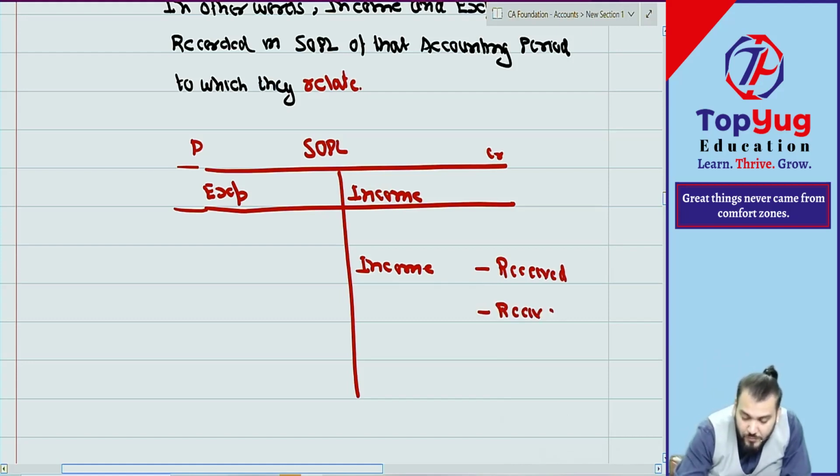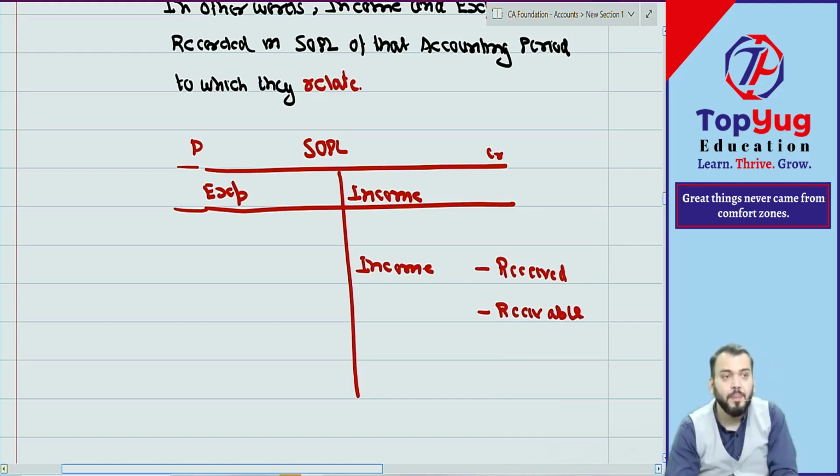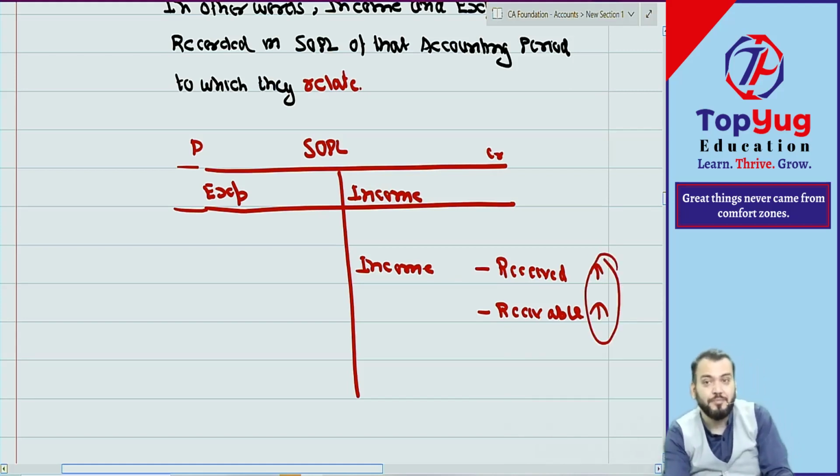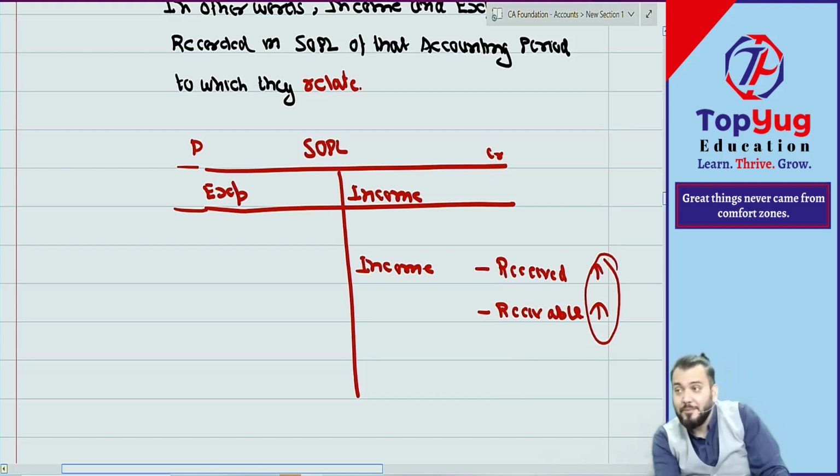Understood? If received, cash will increase in the balance sheet. If receivable, receivable means what? Asset. So asset will increase in the balance sheet. That is the other aspect.